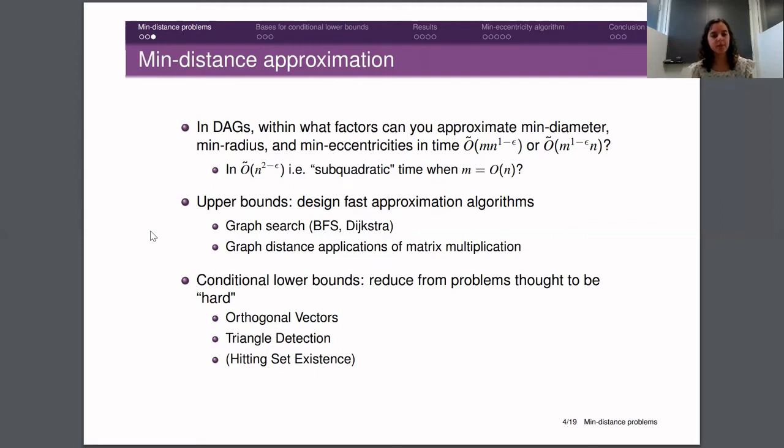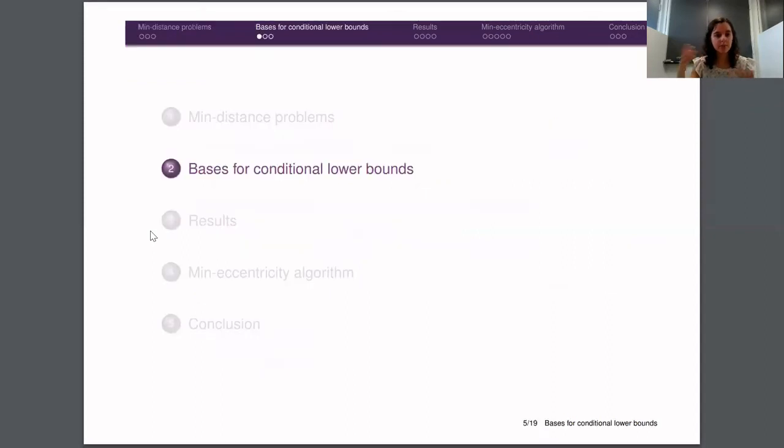And the specific problems that we're interested in for these lower bound reductions are the orthogonal vectors problem, the triangle detection problem, and another popular one, which I'll mention here, is the hitting set existence problem, which is similar to the orthogonal vectors problem, but we will not be discussing that because we didn't use it in our paper. But the other two problems I will tell you about now because they're the bases for our conditional lower bounds. So you'll know what those are based on.